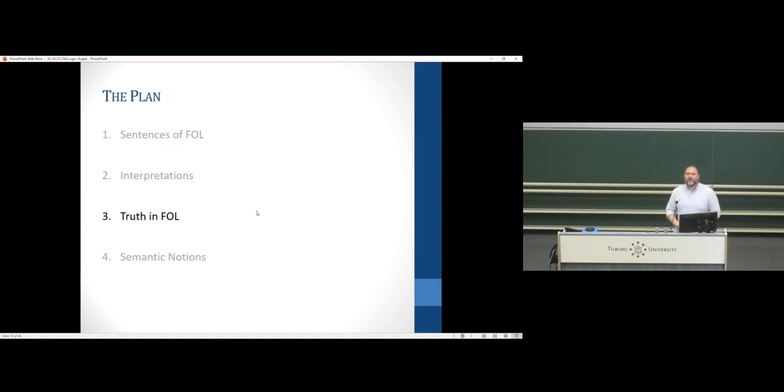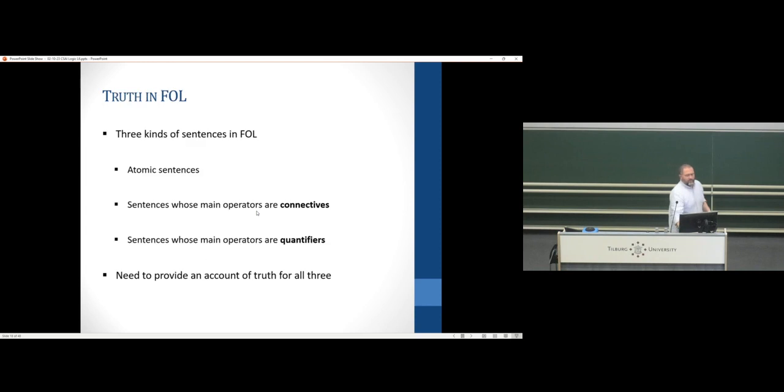So let's press on to thinking about truth in FOL. There are three kinds of FOL sentences. There are atomic sentences, which are just going to be a predicate with the appropriate number of names.